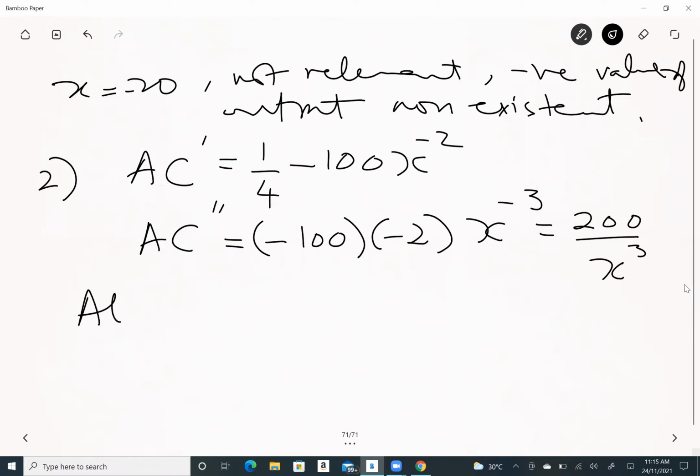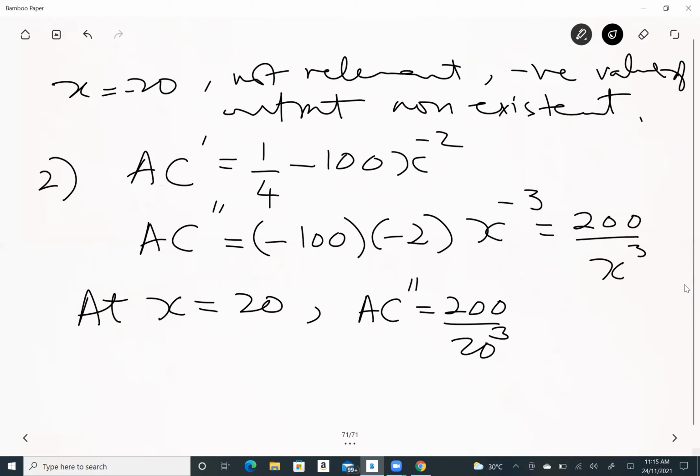Now I'm going to finish it up, okay? Because you need to substitute. So at x equal to 20, what about AC double prime? AC double prime is equal to 200 over 20 cubed. Now you have 20 raised to the power of 3.